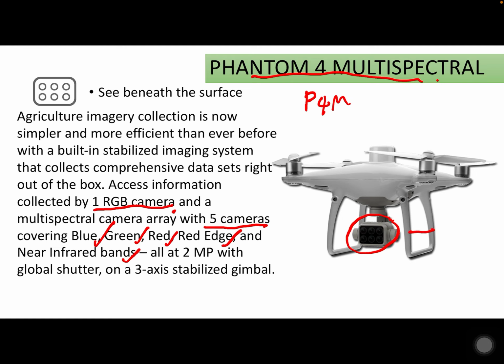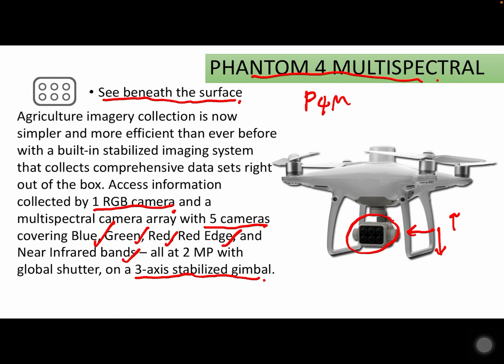These can be positioned at any angle on a 3-axis stabilized gimbal. So the attribute here is that the 6 cameras can see beneath the surface itself.